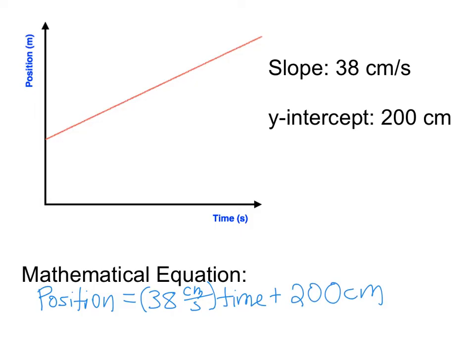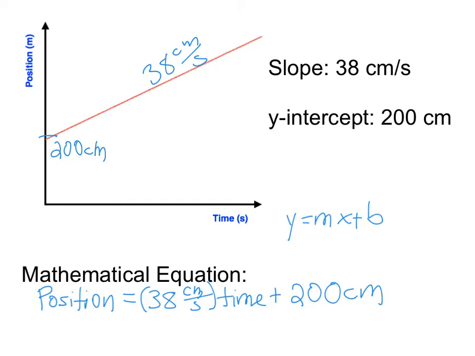Okay, so that's a skill that we used back in Unit 1, writing the mathematical equation using y equals mx plus b form, where y is the title of the y-axis, x is the title of the x-axis, the slope is 38 centimeters over seconds, and the y-intercept is here as 200 centimeters.